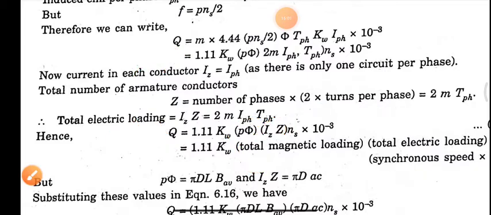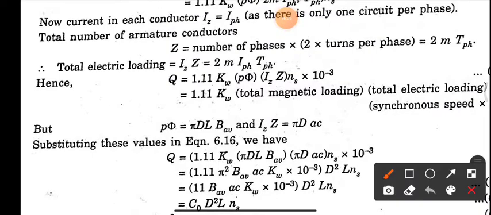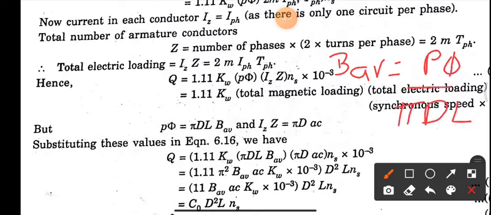As we move further, we know that specific magnetic loading was given by the equation BAV is equal to P phi upon pi dl. Here we have P phi, so taking pi dl to the other side, we will have P phi is equal to pi dl BAV.